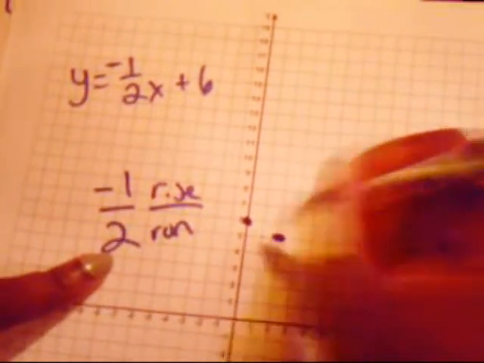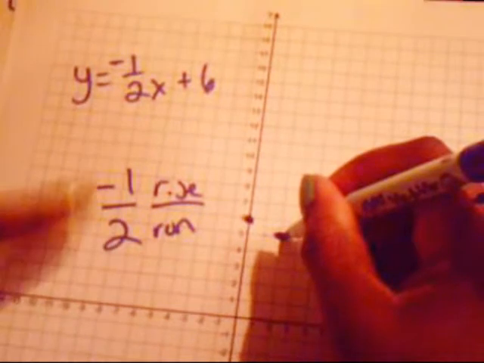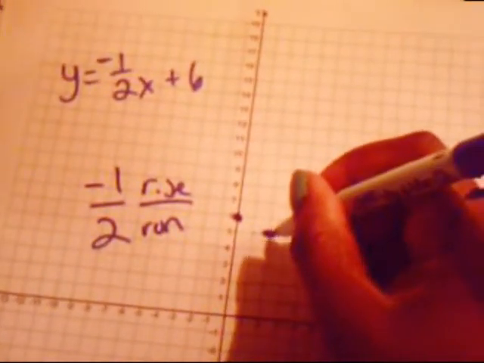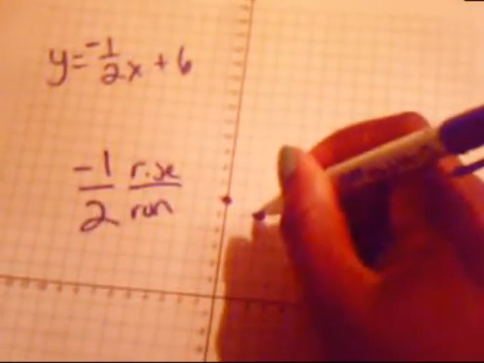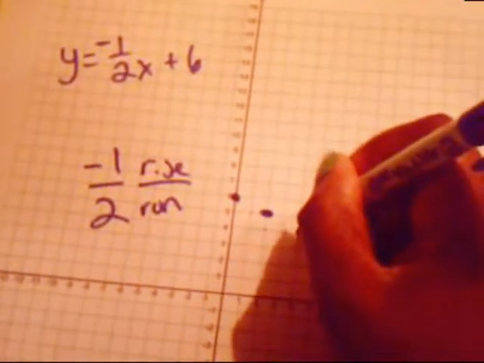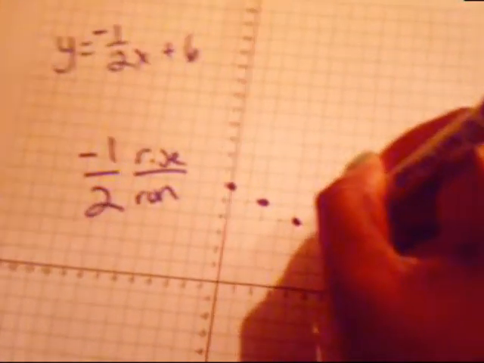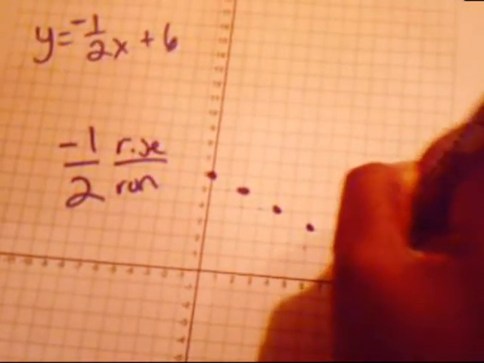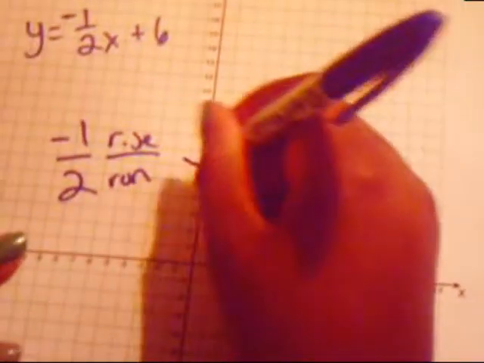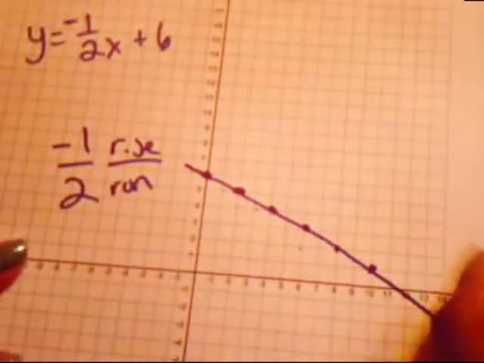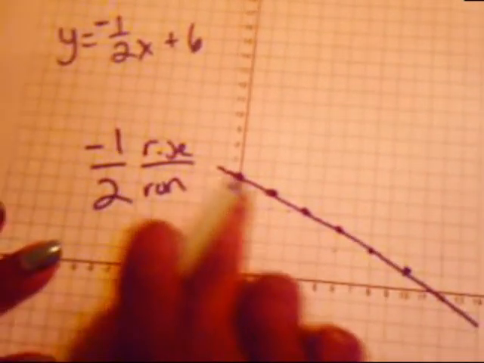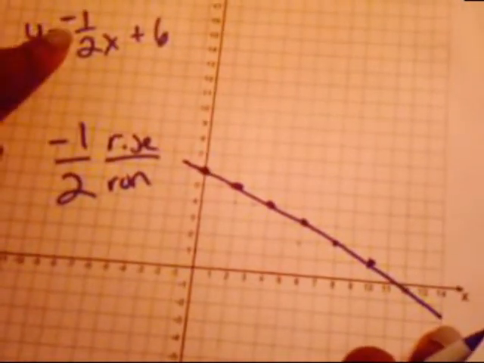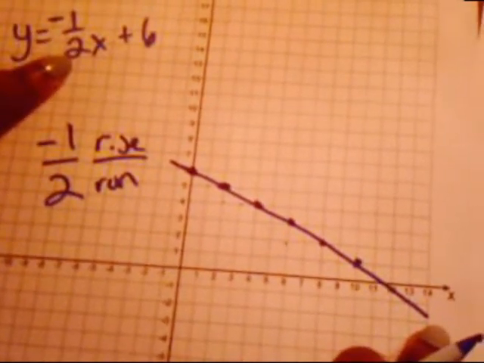And if you want to extend your line, guys, you would just do the slope again and again until you're satisfied with how long your line is. You go down 1 and over 2, down 1 over 2, down 1 over 2. So my line looks like this. And my line is a decreasing line, which it should be because my slope is negative 1/2.